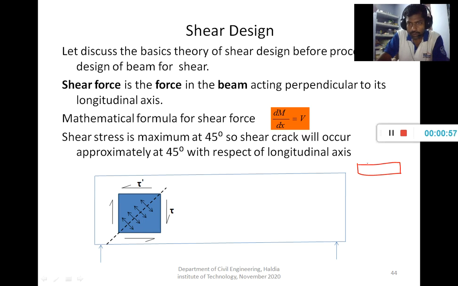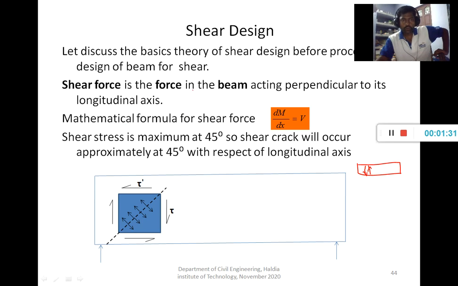So due to that force, the sliding occurs, one portion slides over another portion. When the shear force is acting, they slide one over another. Due to that the sliding took place. So maybe the horizontal shear or vertical shear, both shears are considered.